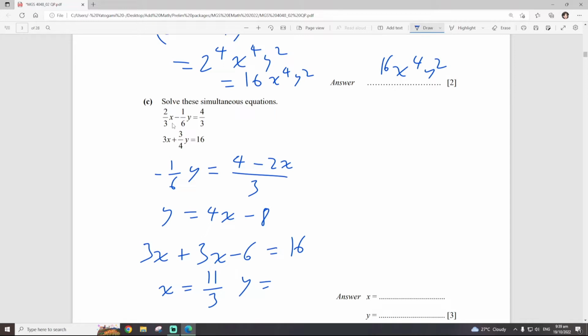If you solve for y, you will get 20 over 3. Because you can plug this into here, 44 over 3 minus 8. 44 minus 24 is 20. So 11 over 3 and 20 over 3. Of course, you can check the answers.